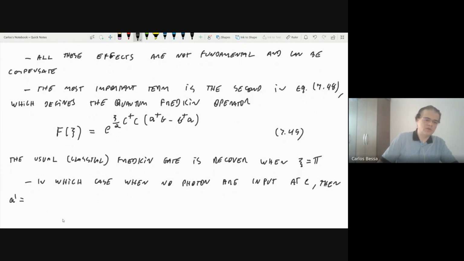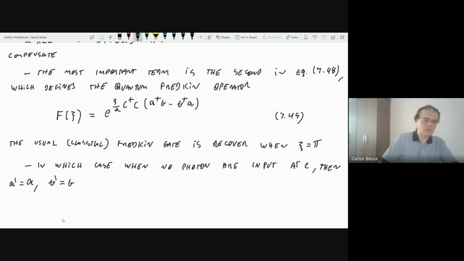A prime is equal to A, and B prime is equal to B. We can check this.